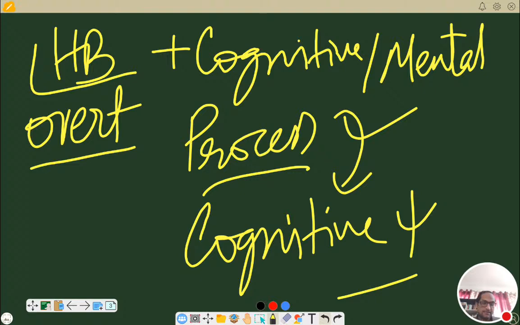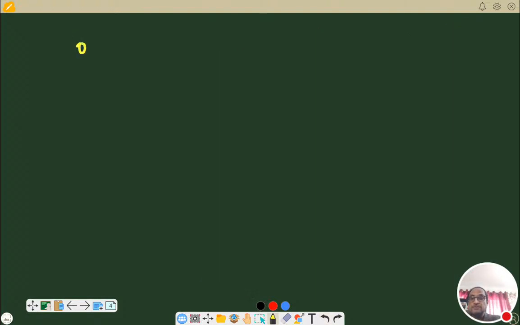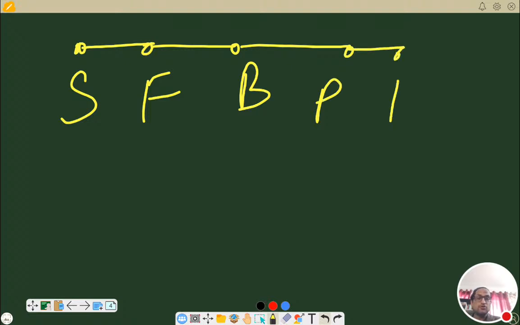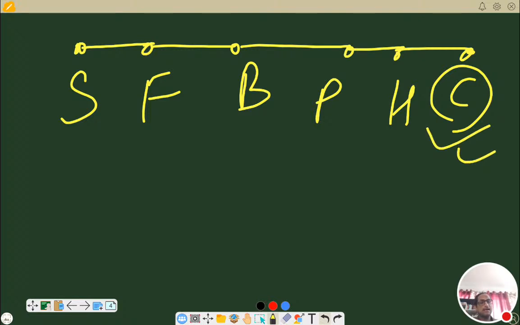So after that emerged the schools of structuralism, functionalism, behaviorism. Then comes the psychoanalytic school, humanistic school, and cognitive psychology. So, cognitive psychology was the last to emerge, and it has remained dominant in the form of the cognitive revolution.